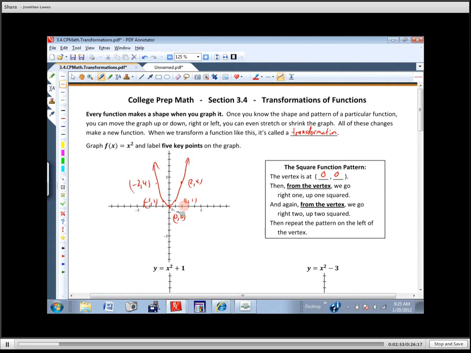We go over 2 and up 2 squared, over 3 and up 3 squared. That's why we go over 1 and up 1, over 2 and up 4, over 3 and up 9. And it doesn't matter whether we go to the right or the left, because when we square, you go back 1, up 1 squared. Up because squaring would make it positive. Back 2, up 2 squared, that would be 4 there. And we've got that axis of symmetry and all that sort of stuff.